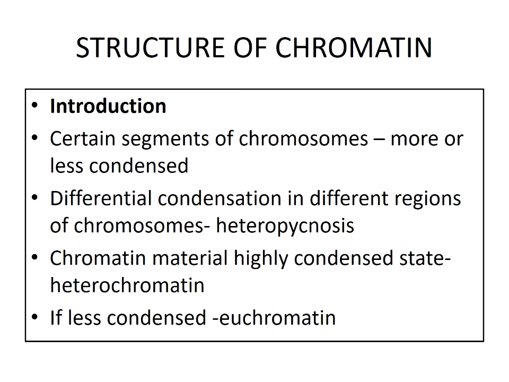That is, the segments of chromosomes have a condensed form, of either high or light condensation. This differential condensation observed in different chromosomes or different regions of chromosomes is called heteropyknosis.